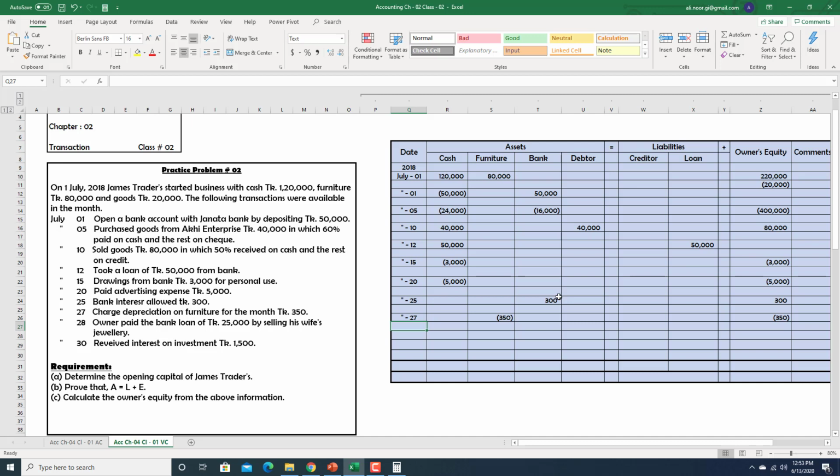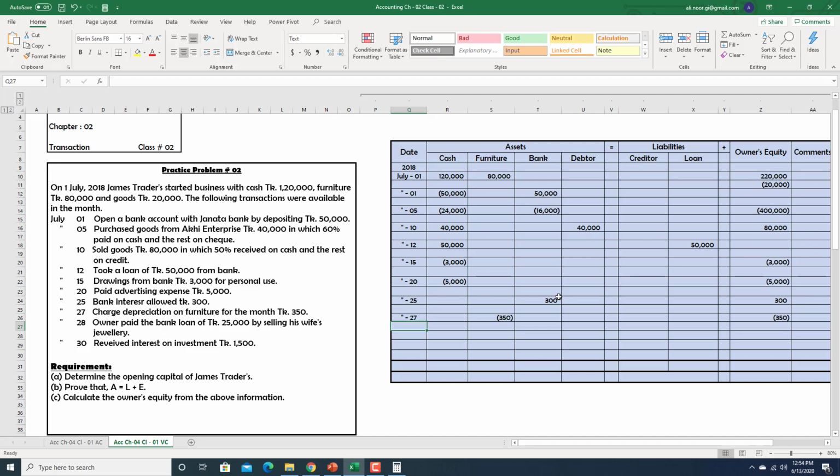You have to remember this: when the owner brings anything, either cash or other assets, into the business for any purpose, it will be considered as a capital account. So the 25,000 that is brought into the business to repay the bank loan will be considered as a capital account.